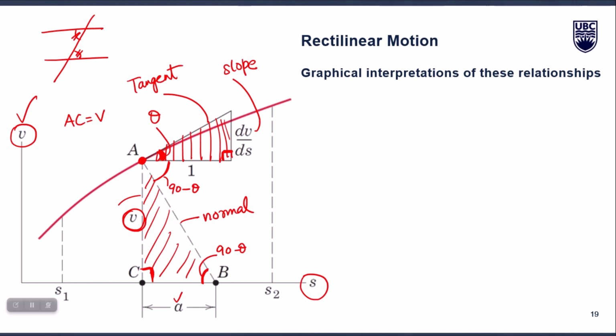They are alternate angles. So this horizontal line which is passing through A is a horizontal line. Your s-axis is a horizontal line, right? And this AB is actually crossing these two horizontal lines, right? So 90 minus theta, this angle will be actually alternate to this angle.